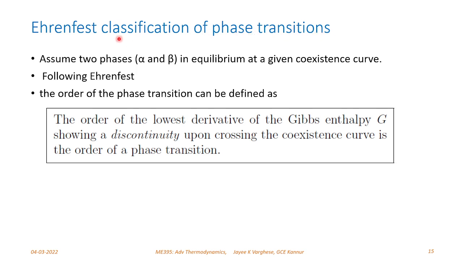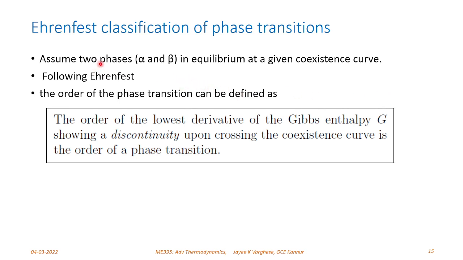So the classifications and the Ehrenfest conditions for different types of phase change operations, like first order phase change, second order phase change, or higher order phase change, are defined as follows. So this is exactly the definition given as per our first classification.